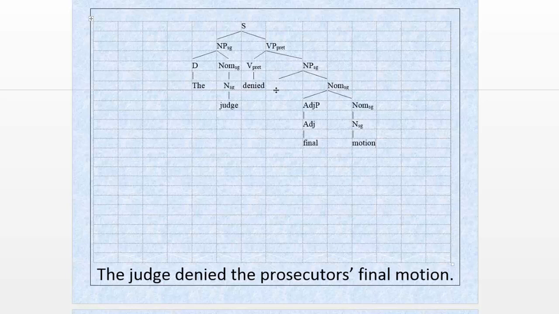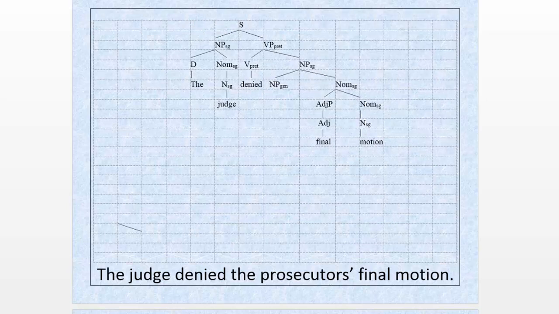All right, functioning as its determiner, well, what do we have? We have the prosecutor's. Okay, so that's an NP gen. If we can squeeze that in there a little bit. Okay, so having made some little adjustments here, now we're ready.